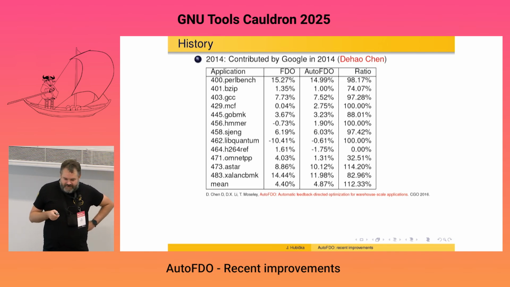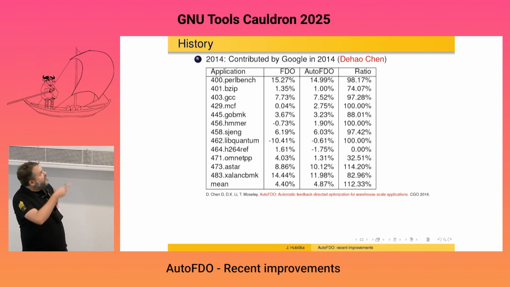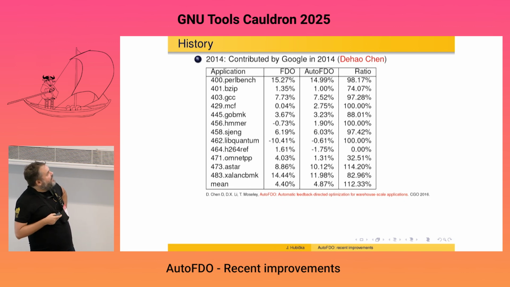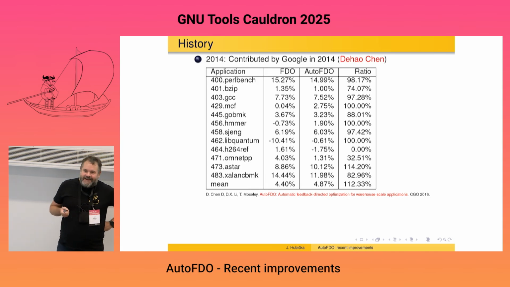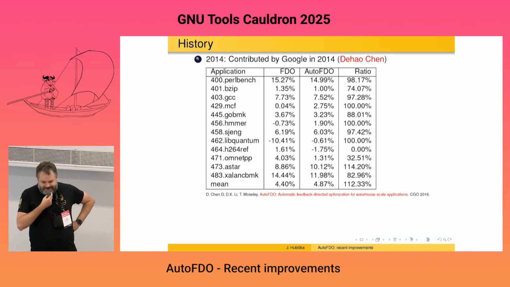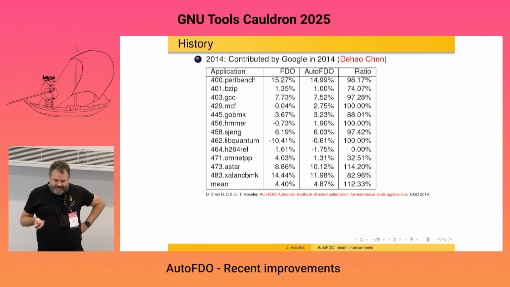It actually looks really good, because it compares the normal profile feedback with instrumentation profile to AutoFDO. The paper claims that on average, you get better improvement from AutoFDO than from normal FDO, which is suspicious. But it is explained in the paper. It says that AutoFDO is actually kind of context sensitive.